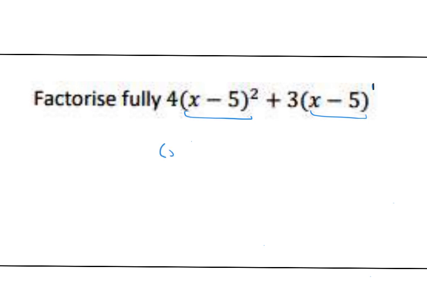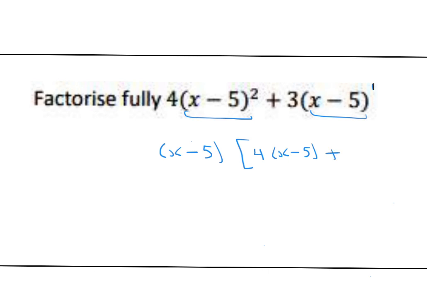So x minus 5, bracket. x minus 5 times what equals 4 times x minus 5 squared? 4 times x minus 5.